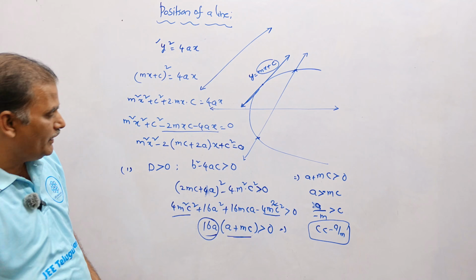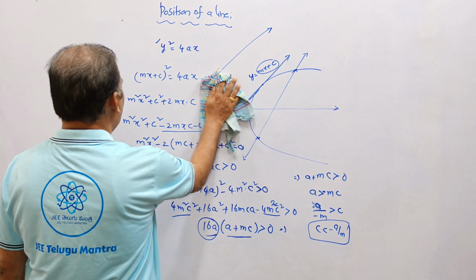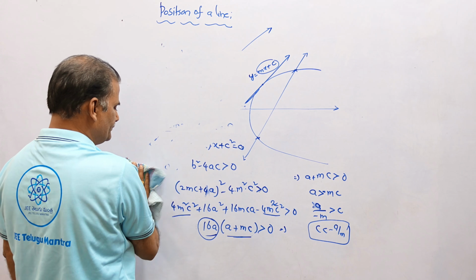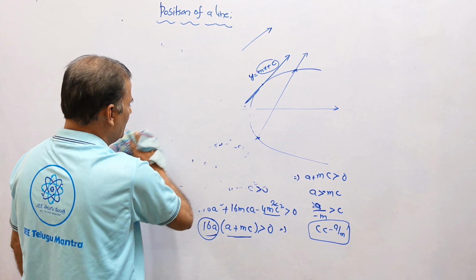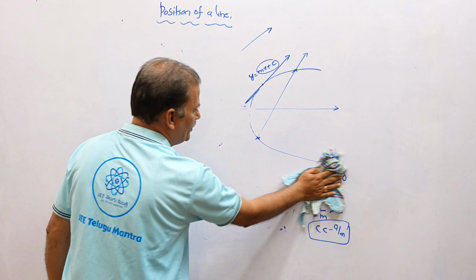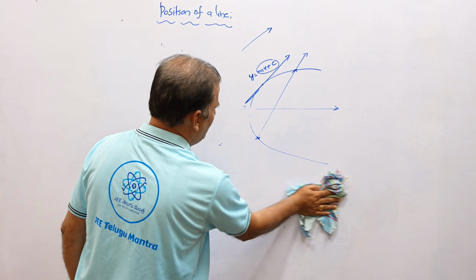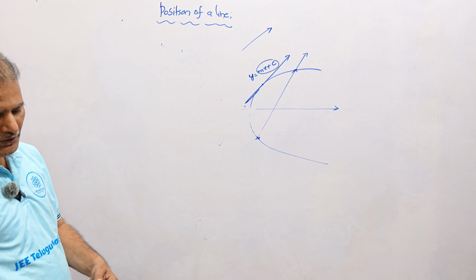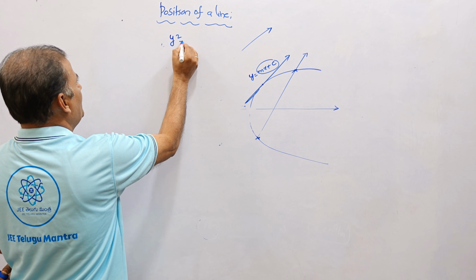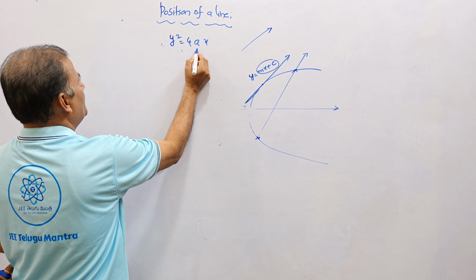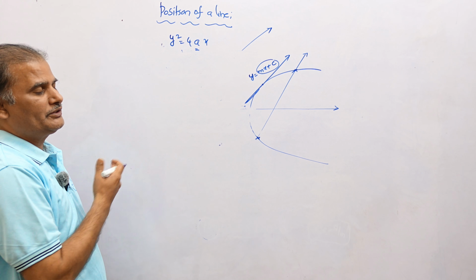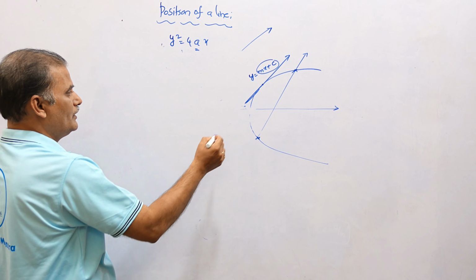First condition is over. Here a not equal to 0, that should be mine, because if a is equal to 0, there is no parabola. If a is equal to 0, y square is equal to 4ax becomes y square is equal to 0, so there is no discussion of a parabola.